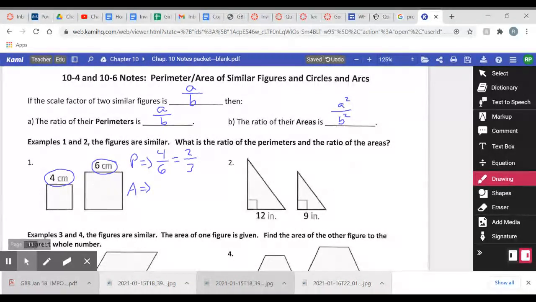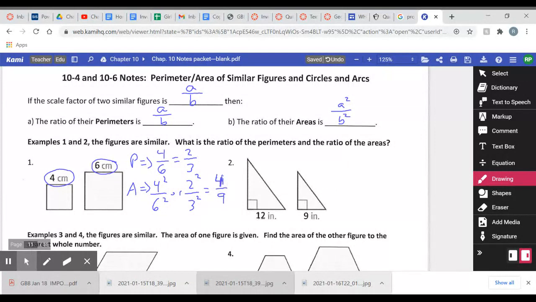We can either square the 4 and the 6, or we could go ahead and square the reduced down version, 2 over 3. Either one is going to give us the right answer. Squaring the 2 over 3 is going to get us the answer faster. We're not going to have to reduce down our fraction after squaring the 4 and 6, but either way is fine. And in this case, we end up with 4 over 9 either way.